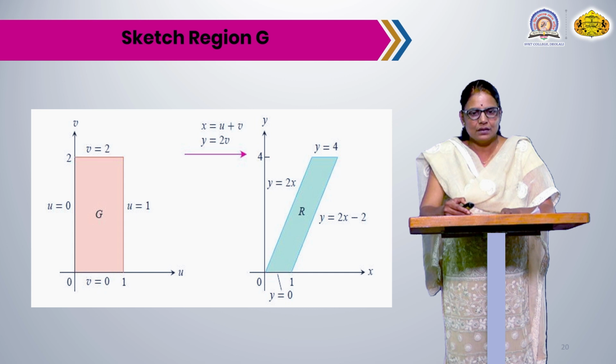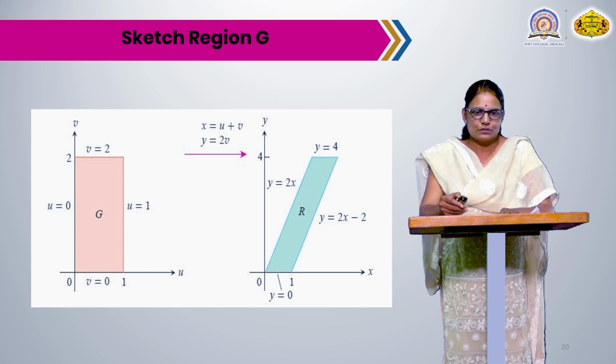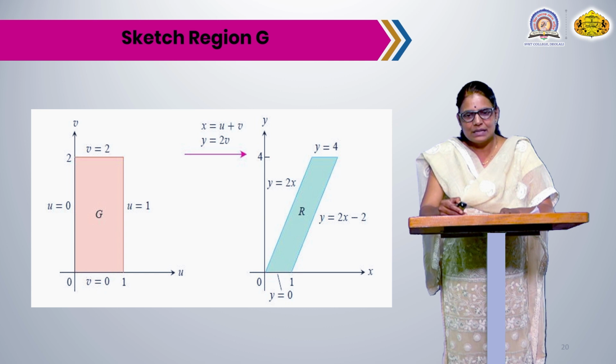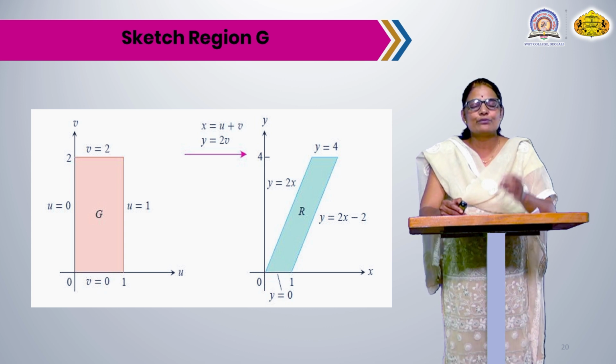It is a rectangle: v varies from 0 to 2 and u varies from 0 to 1. See these two diagrams simultaneously. Under the transformation x equals u plus v and y equals twice v, the region G is transformed one to one into the region R. Now our last step is to apply the transformation formula.